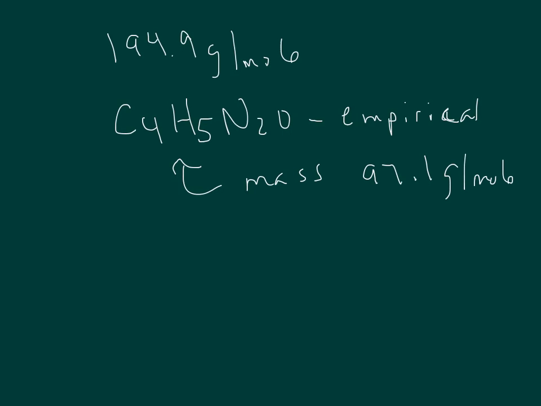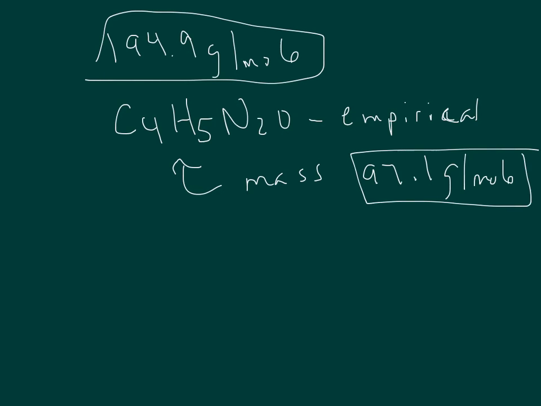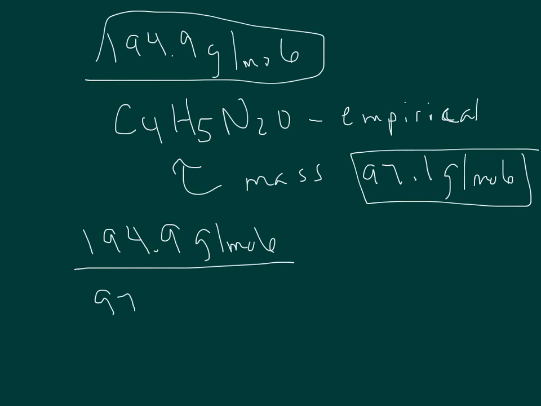Now, if we do a ratio of the molar mass to the empirical formula mass, we'll find out how much larger the molecular formula is. So you take 194.9 and you divide it by the mass of the empirical formula. And you divide that out, it comes basically out to be 2. That's telling us that the molecular formula is twice as big as the empirical formula.